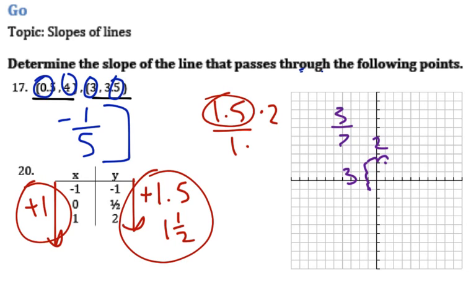Just double it, because it's a 0.5, so we'd have 3 over 2. So a lot of different ways you can attack that one, but use whichever way you prefer, and try your best at making sure they're not decimals. A decimal would work. We could still figure out the slope. We could still graph it, but we try not to.